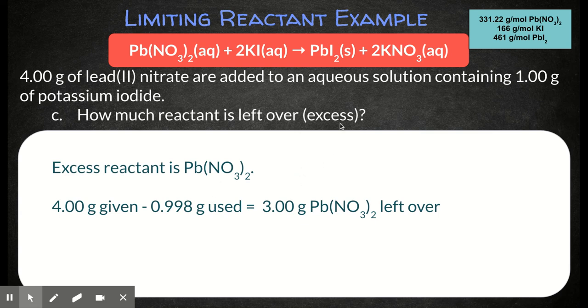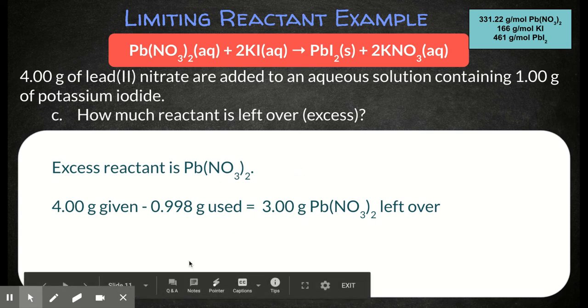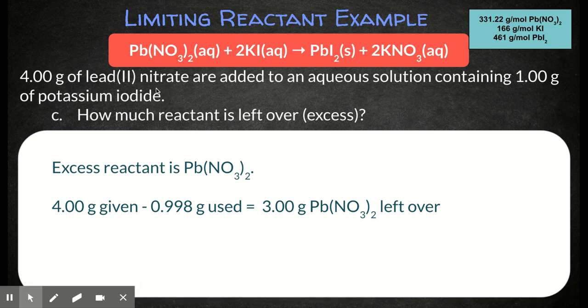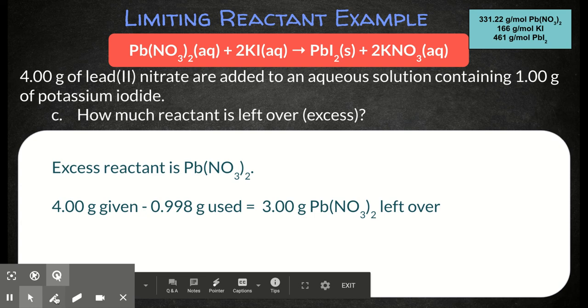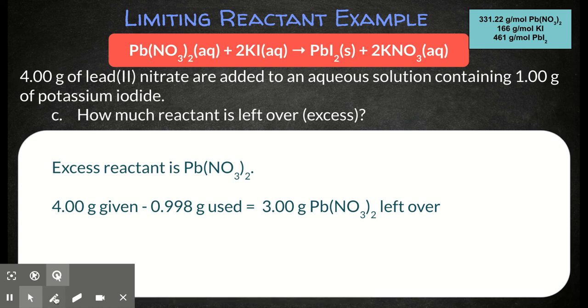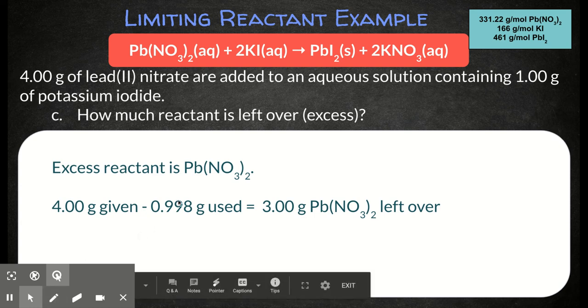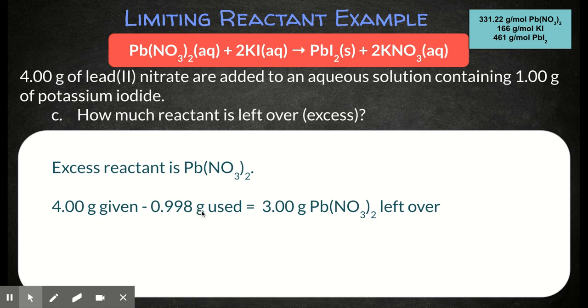And so what I can determine is how much reactant is left over. Okay, and so I'm given 4.00 grams of lead(II) nitrate. And then in my first calculation, if I use method 1, what I determined was that if all of that 1 gram of my potassium iodide reacted, then I would need 0.998 grams of lead(II) nitrate.